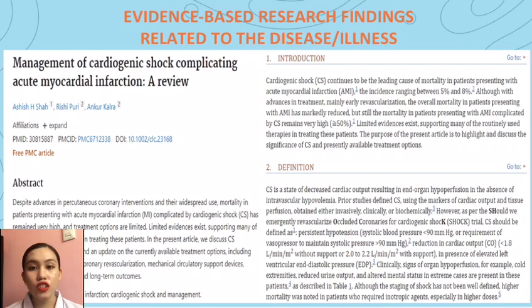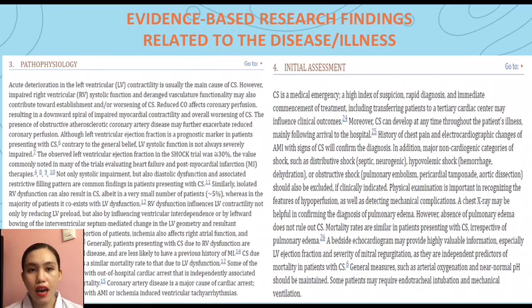So cardiogenic shock is a medical emergency, so clinical results may be impacted by a high index of suspicion, quick diagnosis, and fast start of therapy, including transferring patients to tertiary cardiac centers. Additionally, cardiogenic shock might appear at any point during the patient's sickness, usually soon after admission to the hospital.